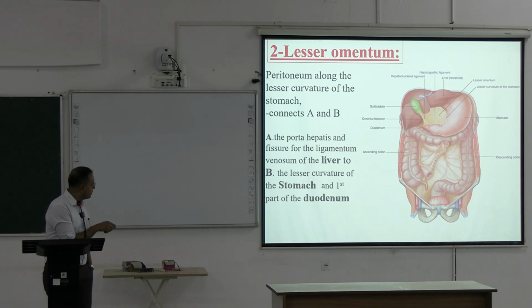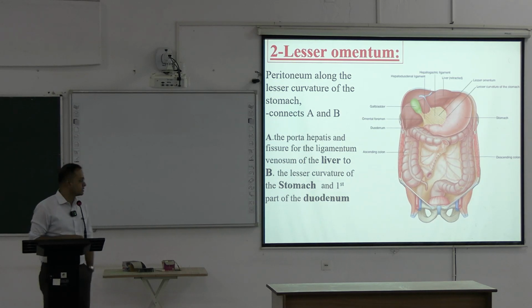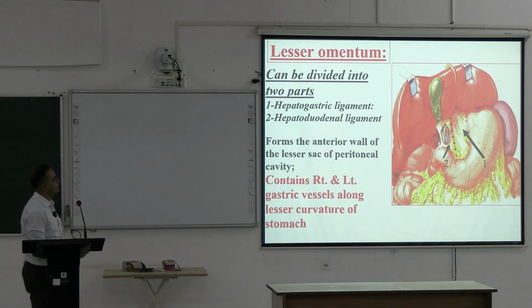Now, this lesser omentum, as you are seeing here, can be divided into two parts. There are two subdivisions of that. A part falls from the under surface of the liver to the lesser curvature. We call this part the hepatogastric ligament part of the lesser omentum.